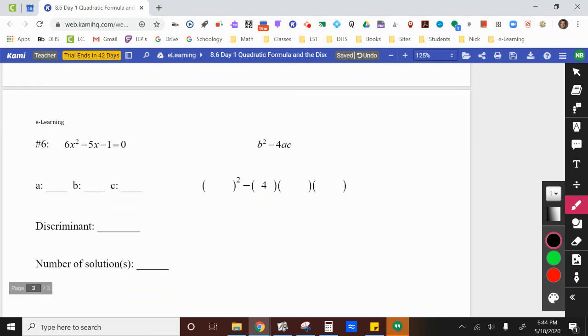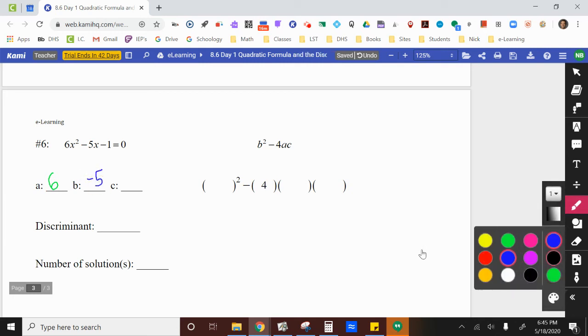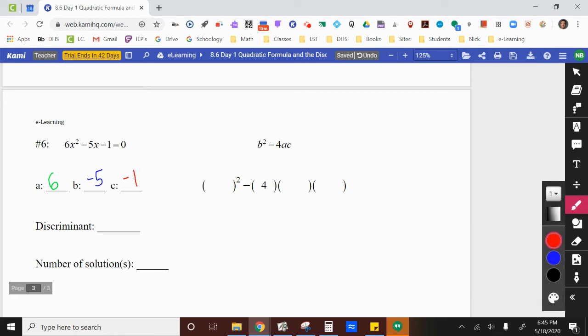Example 6, we have 6x squared minus 5x minus 1 is equal to 0. Again, I'm going to identify my a, b, and c first. So I have 6 for my a value, negative 5 for my b value, and negative 1 for my c value.